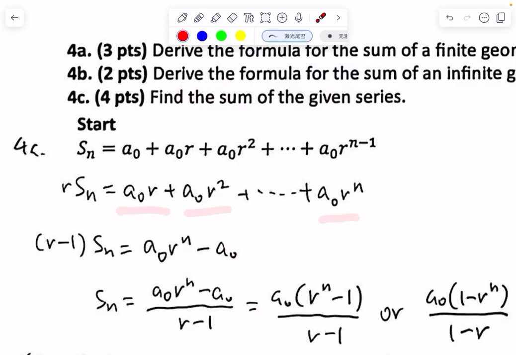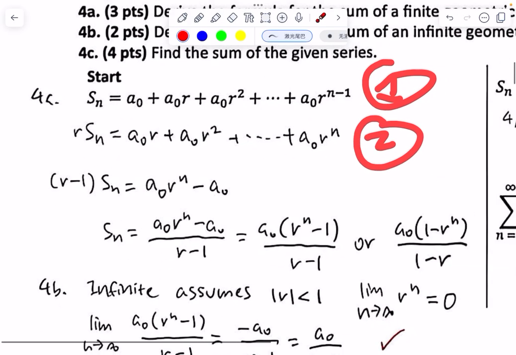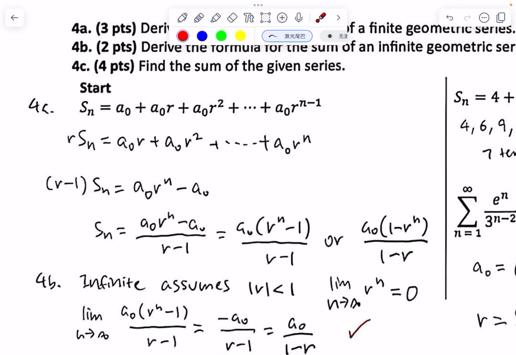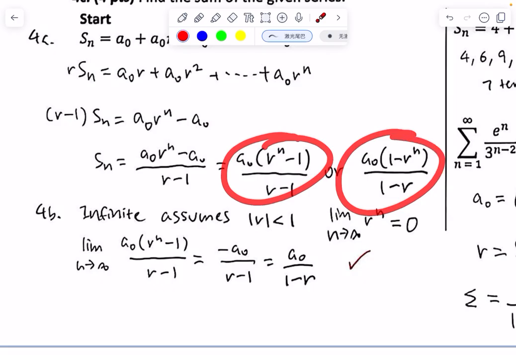And you'll figure out that this is the same as this, and this term is the same as that. And so we can subtract the second equation from the first equation to get (r minus 1) Sn equal to a0 r to the nth power minus a0, because only these two terms are left. And then rearrange for Sn, and then you will get this formula. So you could have either written this or this, both work.